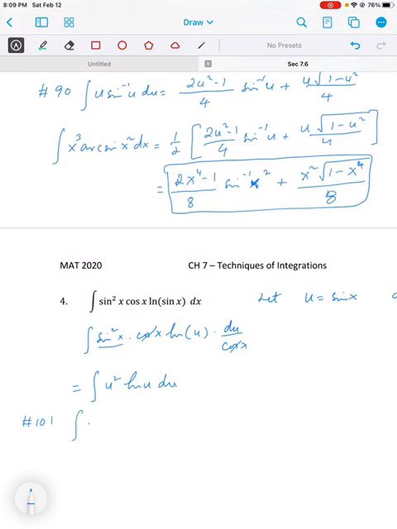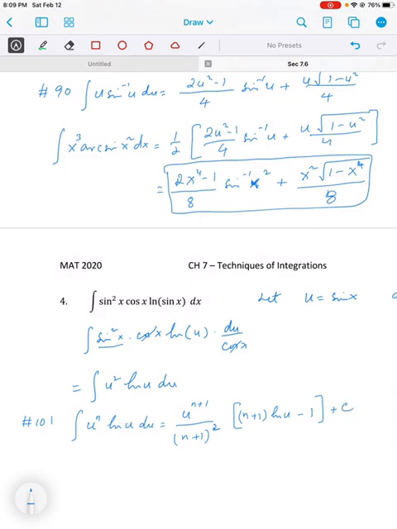which says that if you have u to the n times ln of u du, then the formula goes like this, that is u raised to the power n plus 1 over n plus 1 whole squared times n plus 1 ln of u minus 1 and then plus c.